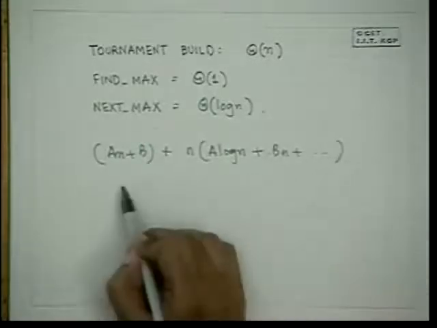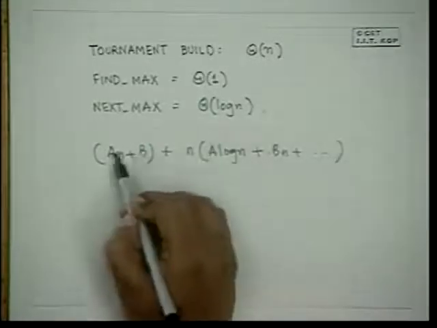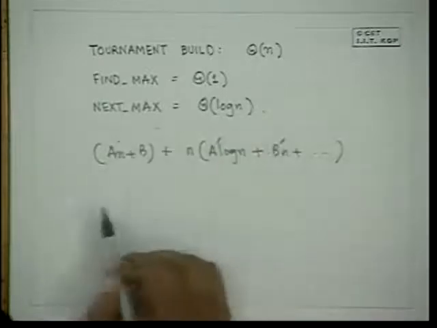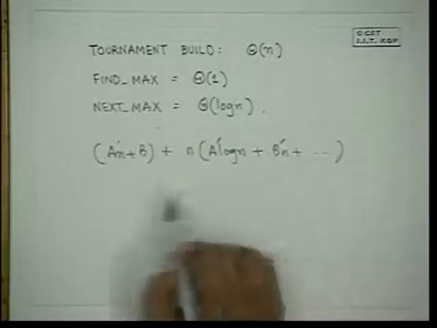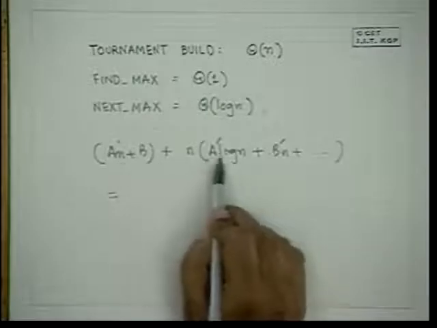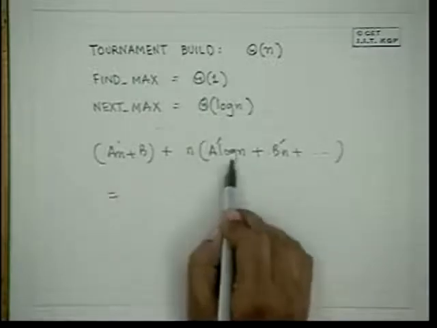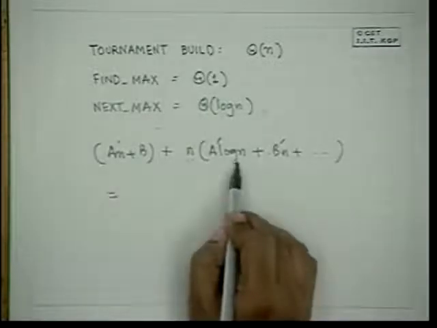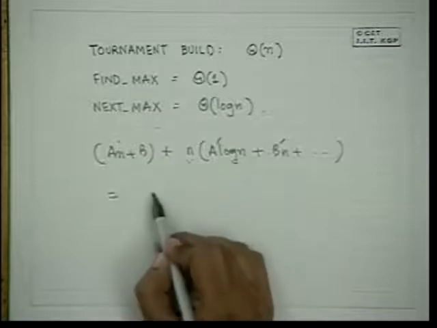So this is A, this is A dash, this is B dash. Very quickly you can see that the highest order term will be An log n.